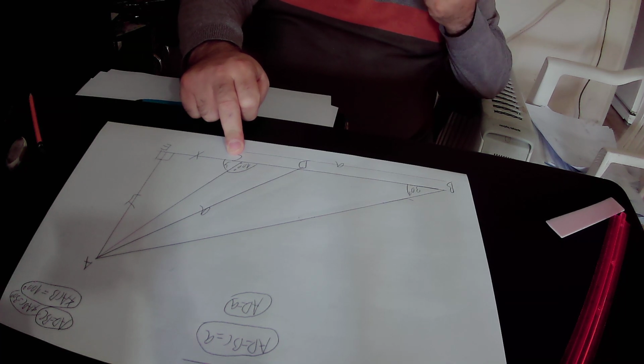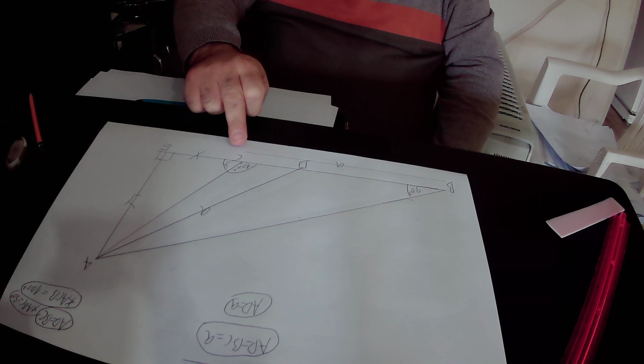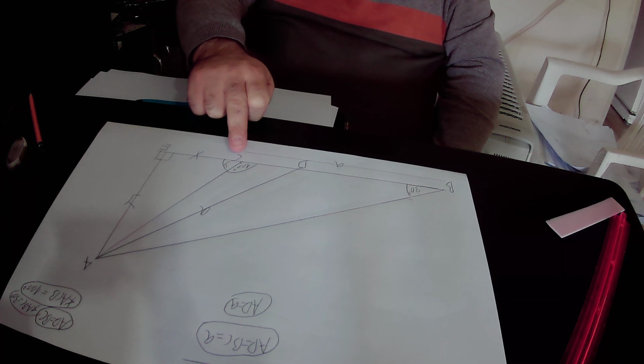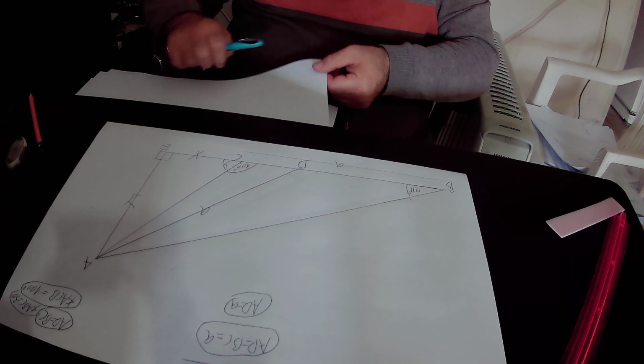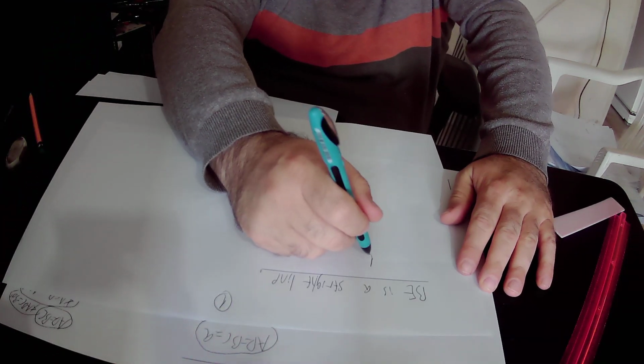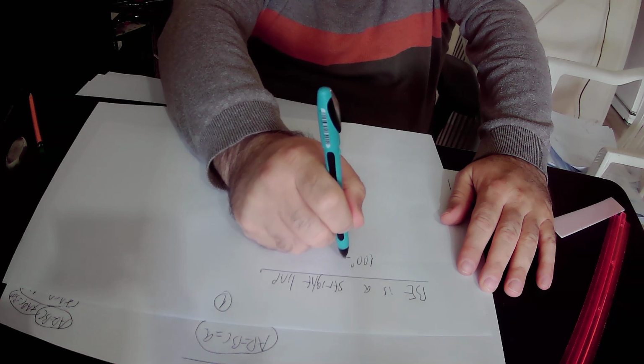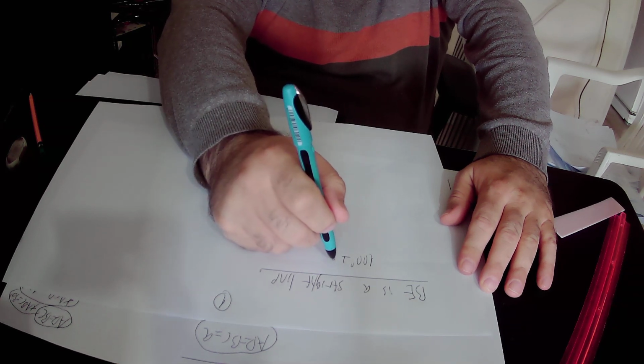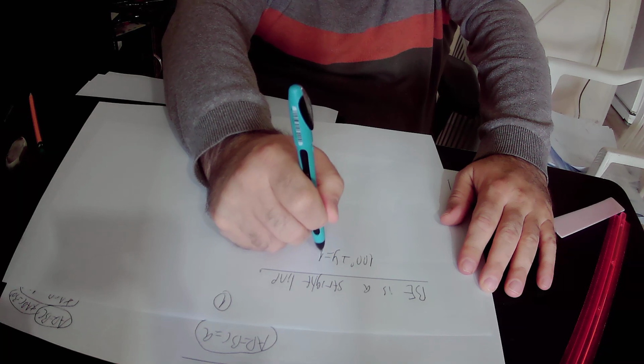At point C on the upper side of BE we have 100 degrees and also angle Y. Therefore, 100 degrees plus angle Y equals 180 degrees.